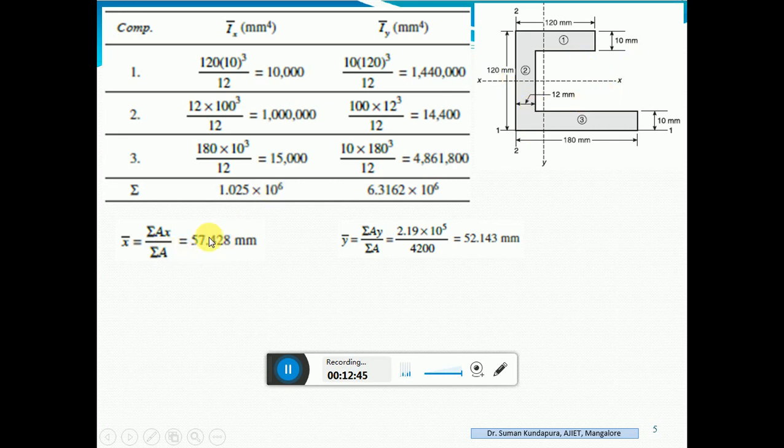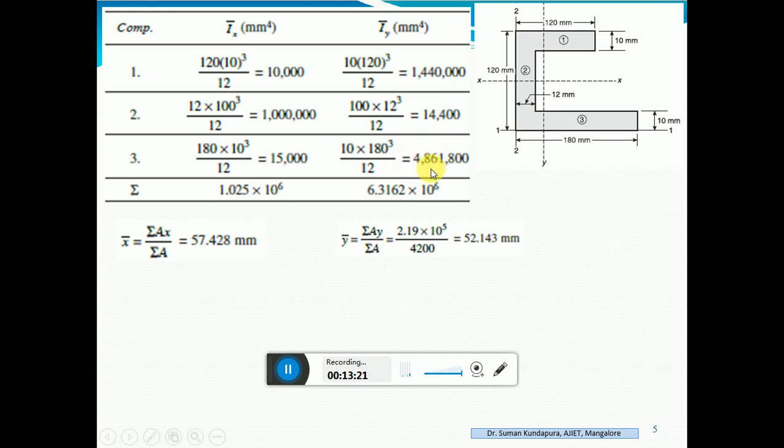Once you find out x bar and y bar, then you may plot with respect to the x axis and the reference y axis. That is, x bar is a distance from 2-2 of 57.428, somewhere outside it will lie because this thickness is 12. With respect to the 2-2 axis, 57.428. Y bar is at a distance of 52.143. So somewhere here you will get the point x bar, y bar.